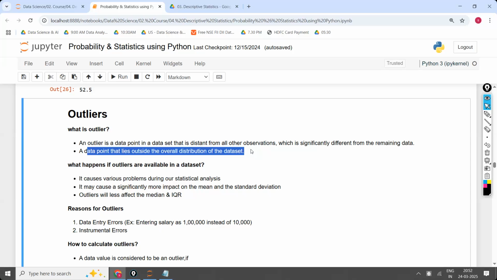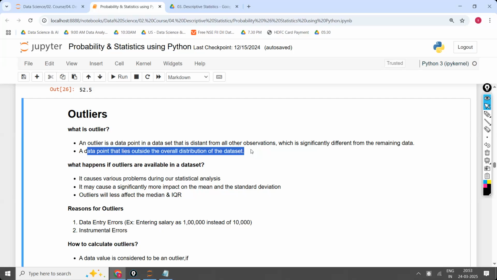If one of the students has got a 60 lakhs package, he is considered an outlier. In the same area, if one of the students has got just a 1 lakh package, that one is also considered an outlier, because remaining people are getting 8, 9, 10 lakhs packages.